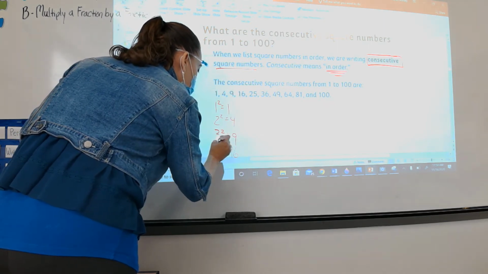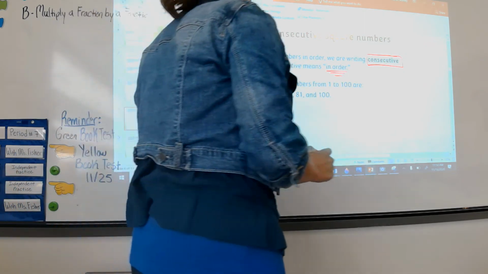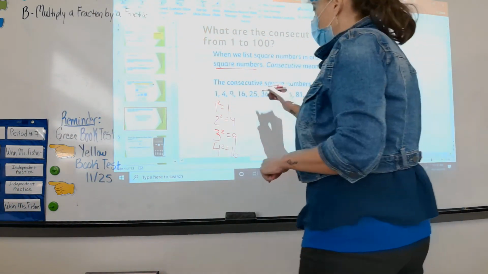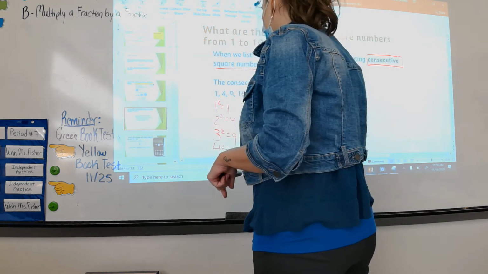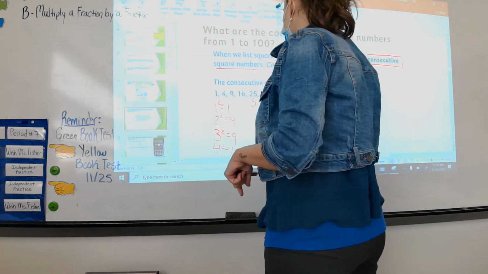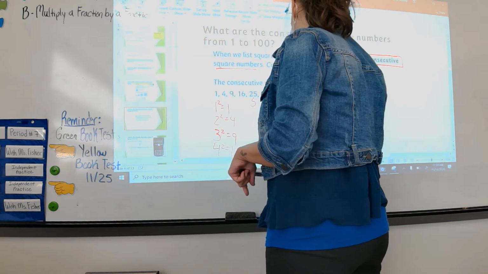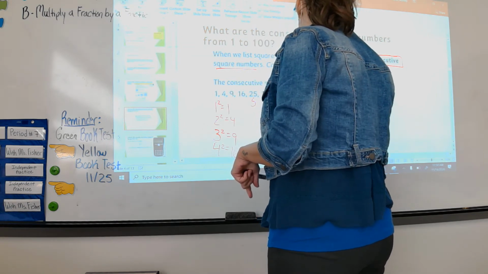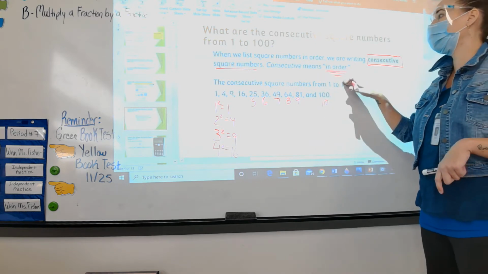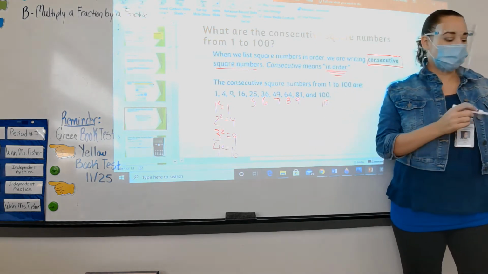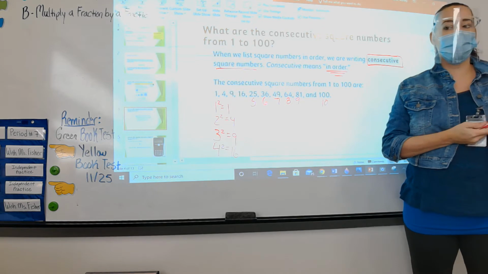So they're in consecutive order. If I kept going, 5 squared, 6, 7, 8, 9, and 10. So again, it's in order. That's what consecutive means.